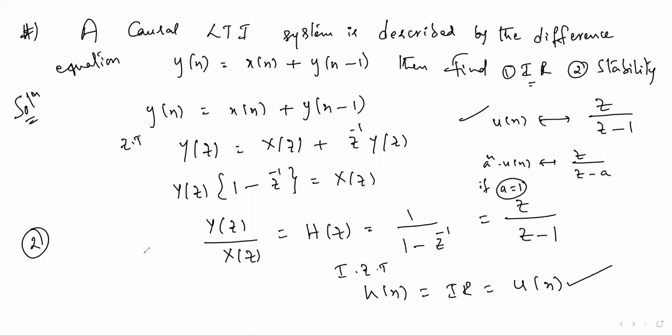What about the stability? How can we determine the stability? We actually have 3 methods. I'll tell you 2 methods here. First, by using ROC, or by using the impulse response being absolutely summable.